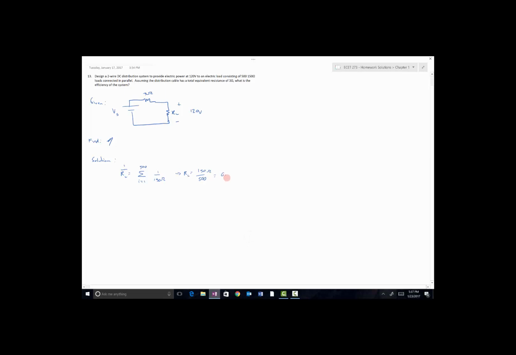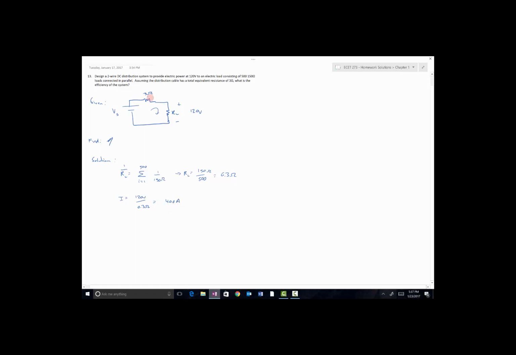So the total resistance of this Thevenin circuit is 0.3 ohms. The mesh current, therefore, is going to be I is equal to 120 volts divided by 0.3 ohms, gives you 400 amps of current flow.